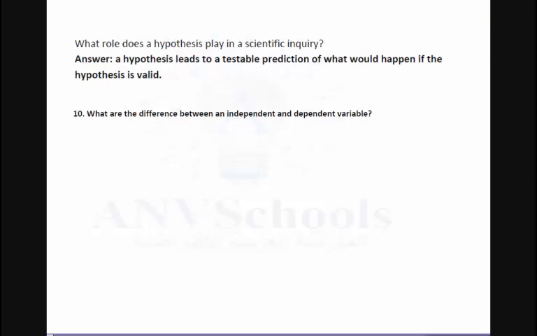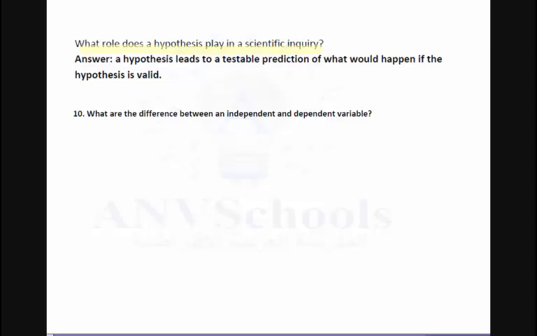Next question. What role does a hypothesis play in scientific inquiry? First of all, we know that a hypothesis comes only after a question.